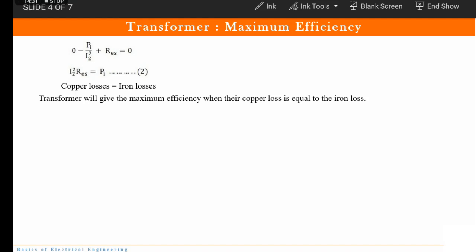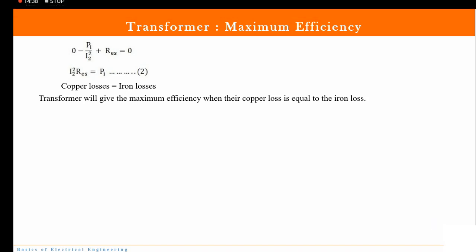So transformer will give the maximum efficiency when the copper loss is equal to the iron loss. Fine? So in the earlier equation, where copper loss was written, we will replace it by iron loss.